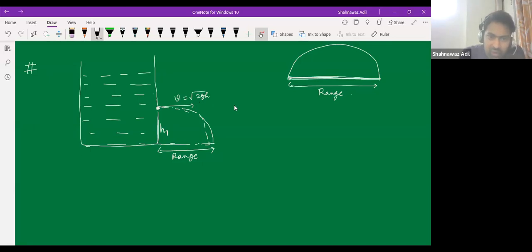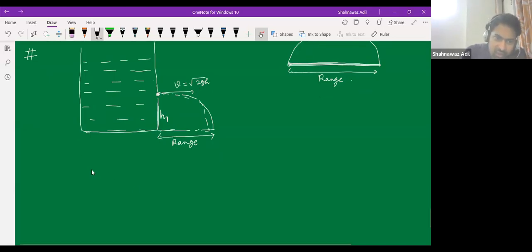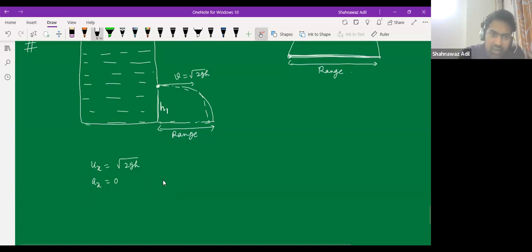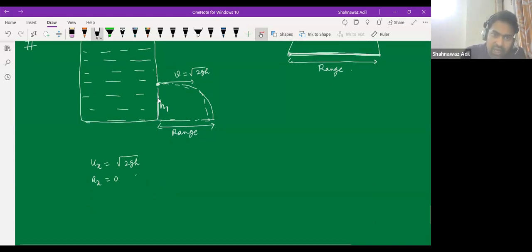So we know that ux is root 2gh, and ax is 0. Then we can also calculate the time, right?